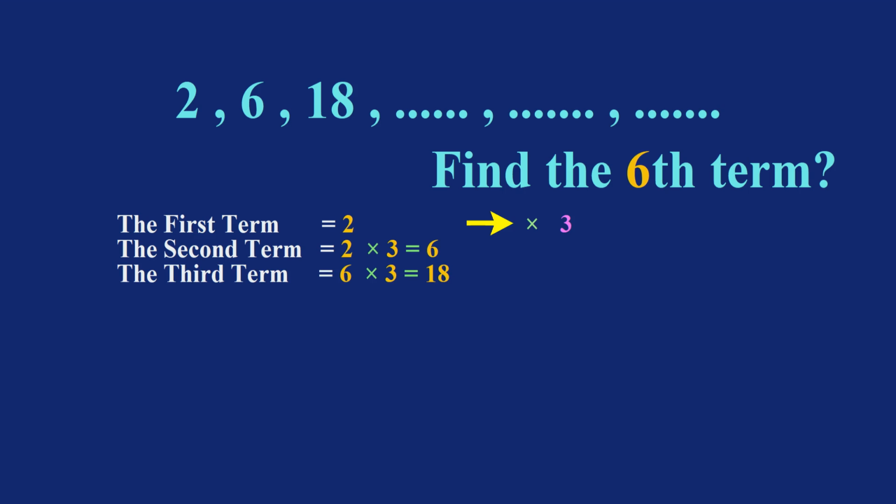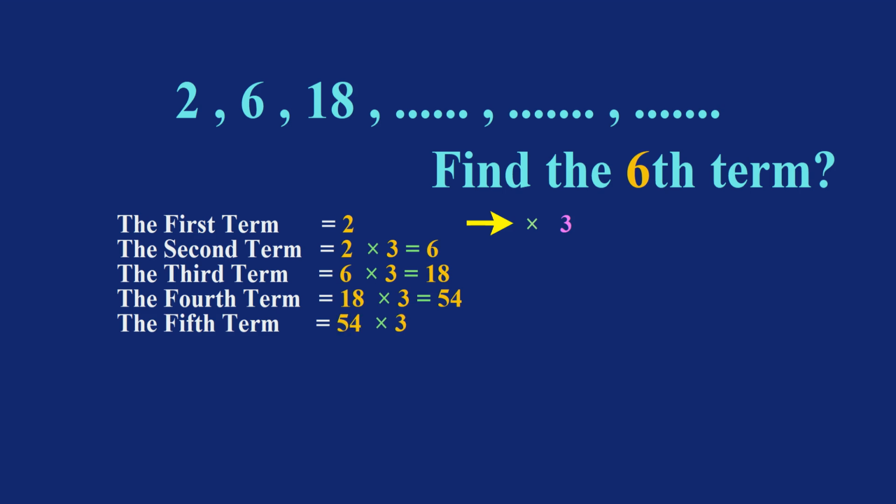The fourth term is 18 times 3, which equals 54. The fifth term equals 54 times 3, which equals 162. The sixth term is 162 times 3, which equals 486.